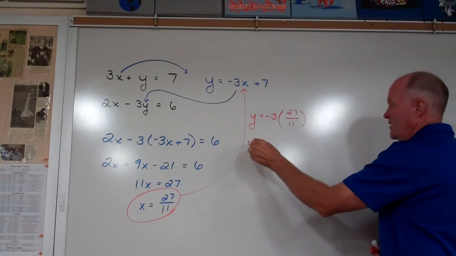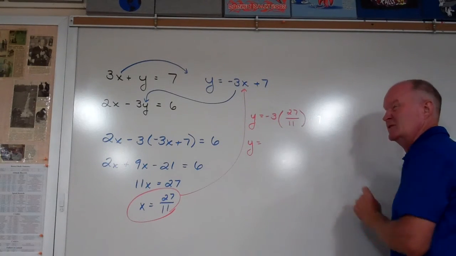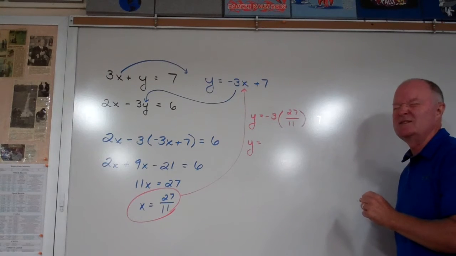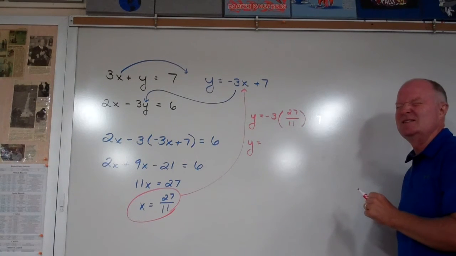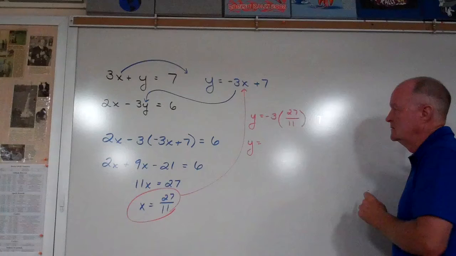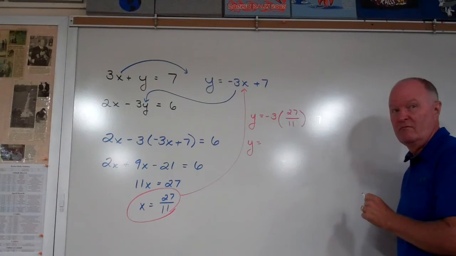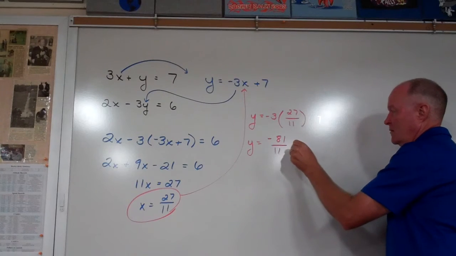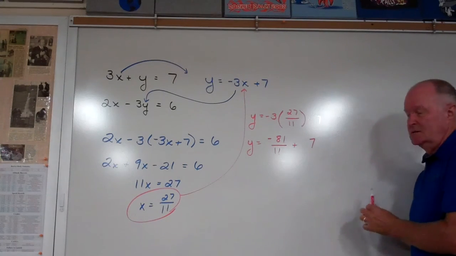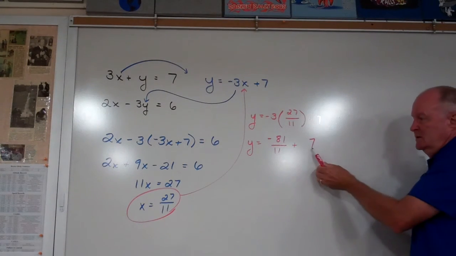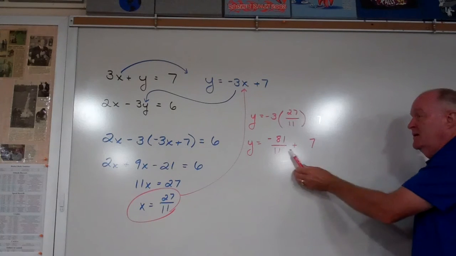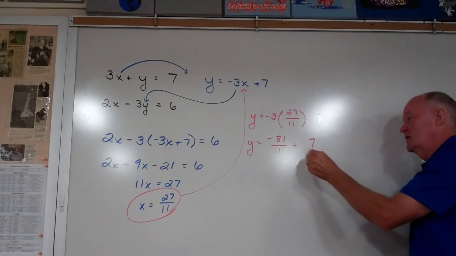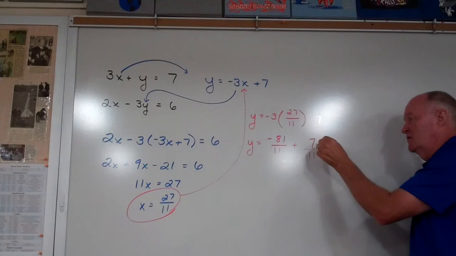Now this is going to also have some mess. Ooh, what's negative 3 times 27? 81. Negative 81. Plus 7. Now, once you have to use fractions, you need to get comfortable with getting a common denominator.